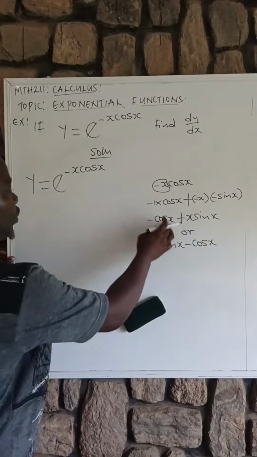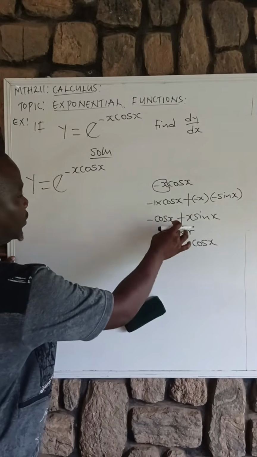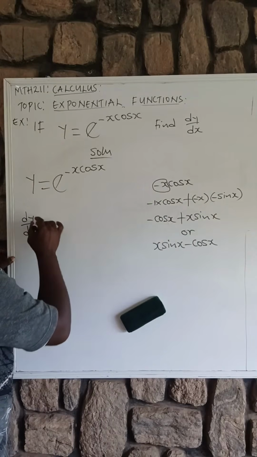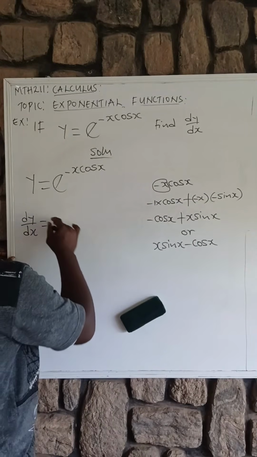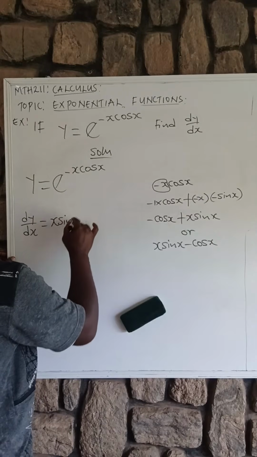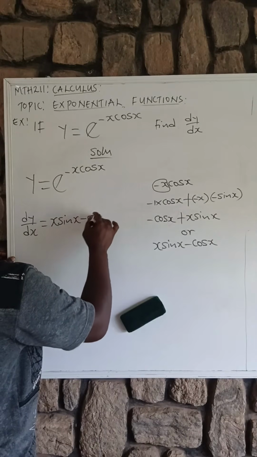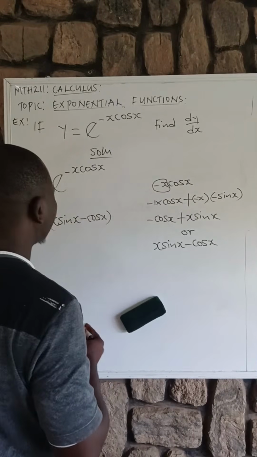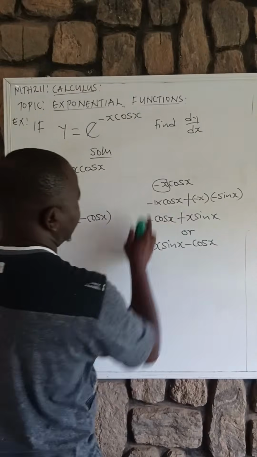This is the same thing as this. So which one do you want us to take? Either this one or this one, any one. So our dy over dx is equal to x sine x minus cos x. Use it to multiply the function back.